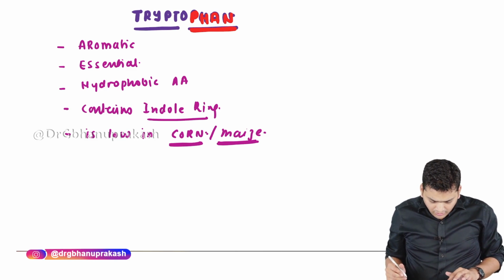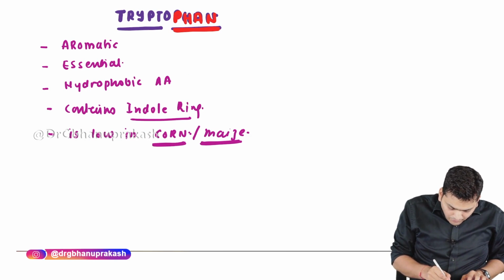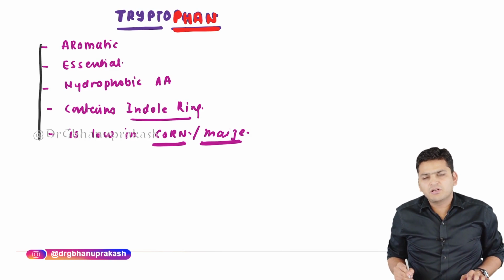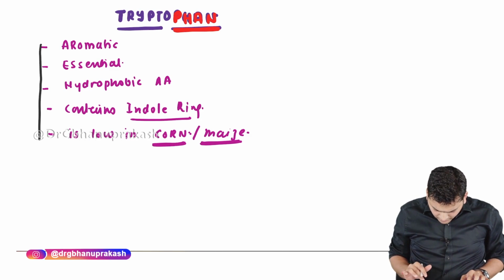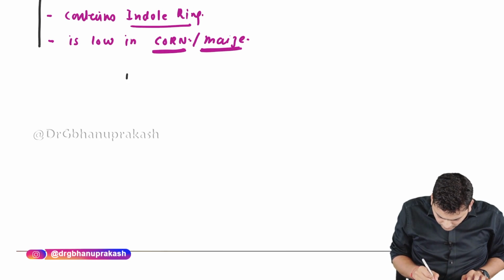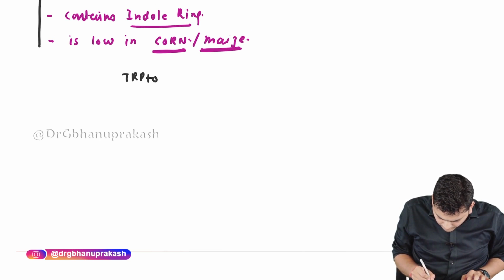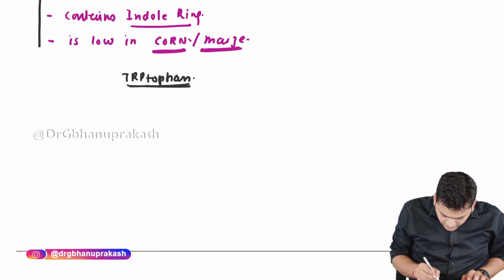Once we are clear with these basic properties of tryptophan, let's see what special products of tryptophan we have. Tryptophan is required to make three special products.